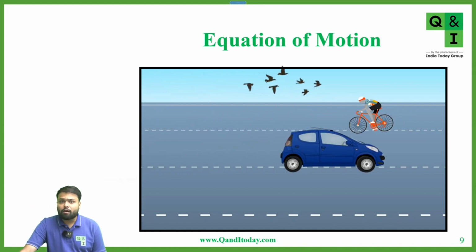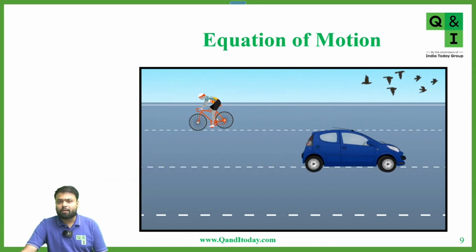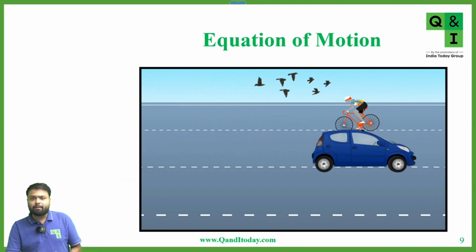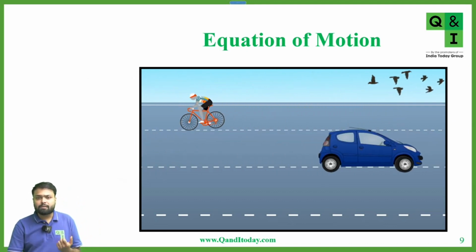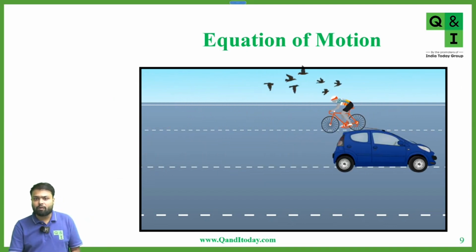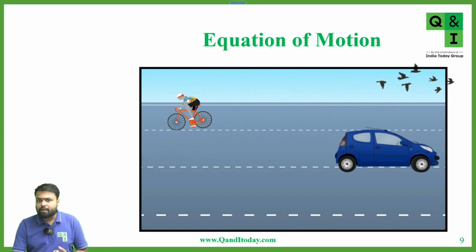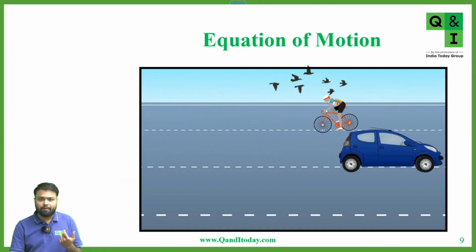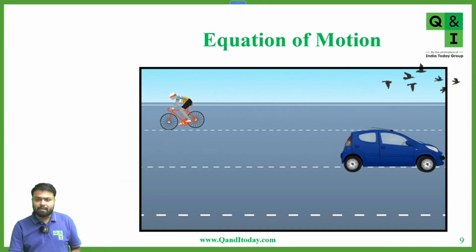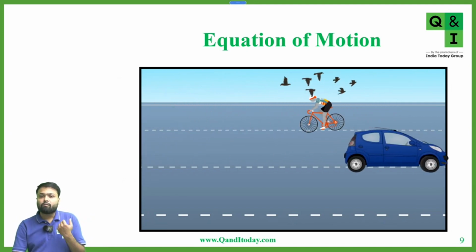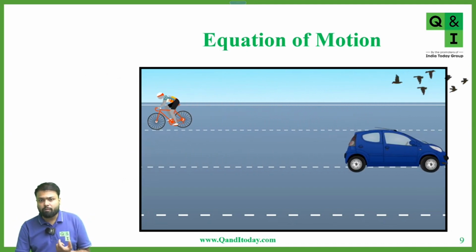So till now we know what is speed, what is frame of reference, what is reference point, what is origin, what is distance, what is displacement, what are scalar quantities, what are vector quantities, what is physical quantity, what is average speed, what is average velocity, what is acceleration, what is uniform and non-uniform acceleration, what is uniform and non-uniform motion.